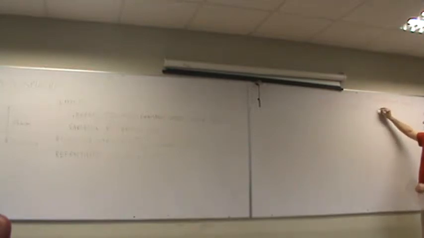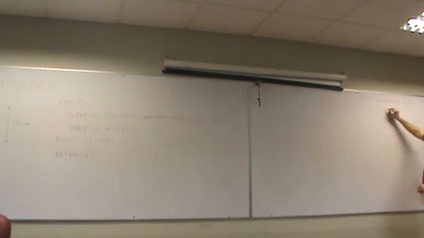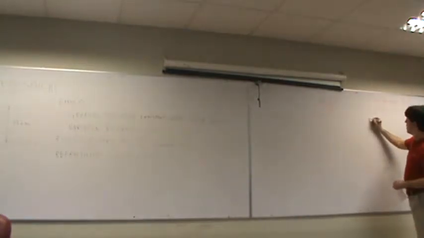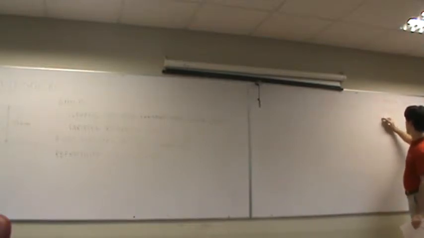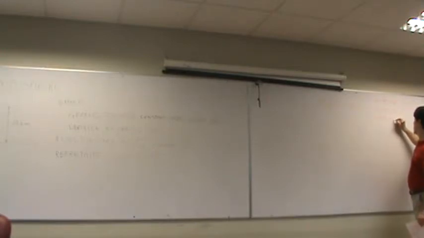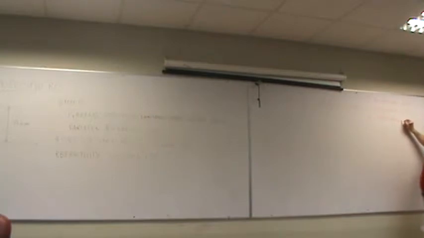T is the temperature, Kelvin, absolute temperature. And E is the water vapor pressure. It's something related to humidity.